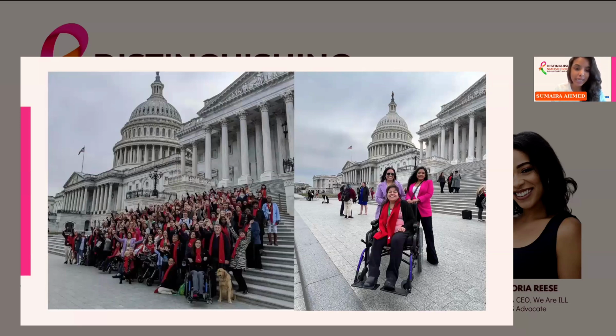And I will just say that as patients, we have a lot more power than sometimes we think. That can be using our voices to elevate the awareness of our diseases, to advocate, like in these pictures, to different levels of government, and also even in research.